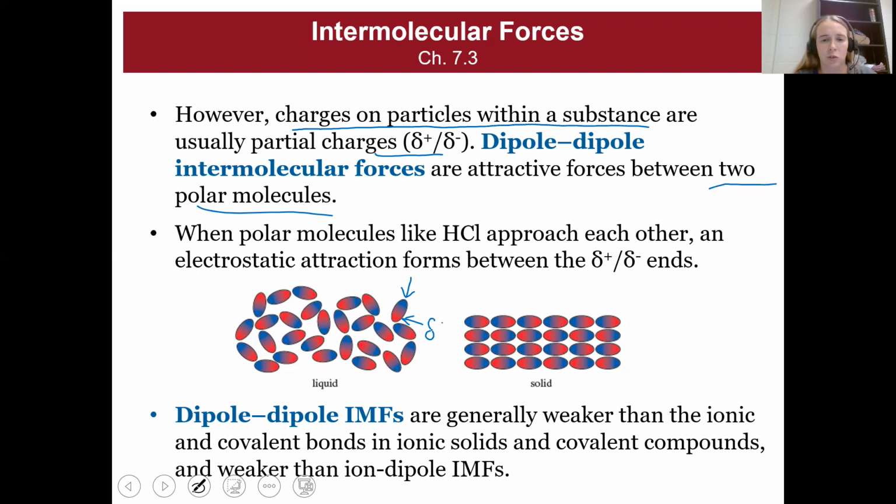I think that's usually how it works on electron density maps. And blue is the positive end. So in that case, this is the H, this is the Cl. So we've got an HCl molecule, hydrochloric acid molecule, and it's interacting with other hydrochloric acid molecules.